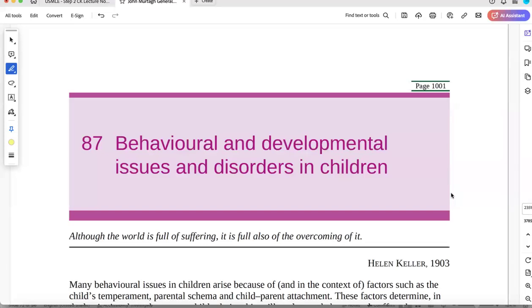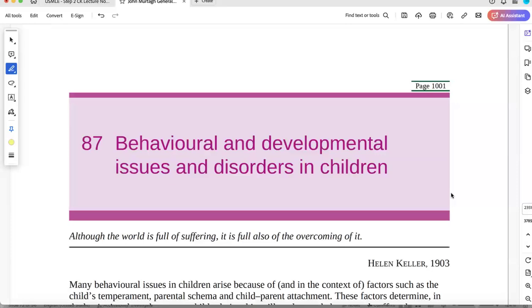Then we have parvovirus B19, which is slapped cheek syndrome. Initially the child will have a bit of a prodrome, followed by a red rash on the cheeks, and then the rash appears on the limbs, not on the trunk. And there is no school exclusion.